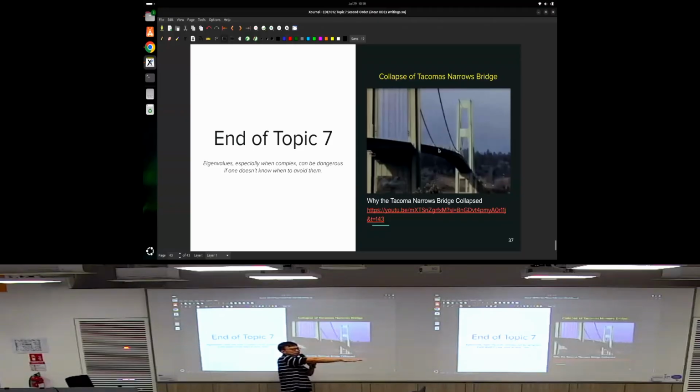It's going to have a slight twist angle. Then as the wind blows, the angle is going to increase. Due to the stiffness of the bridge, it will extend to a maximum angular displacement. Then the stiffness in the bridge is going to force it to come back.